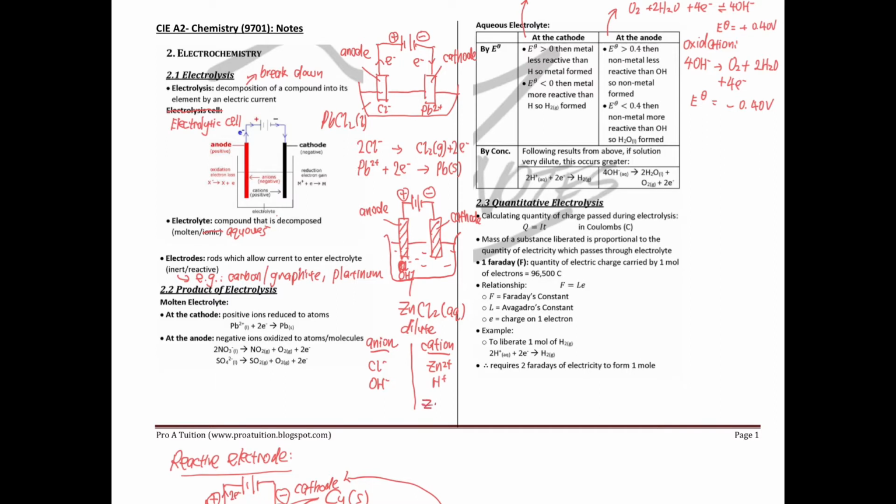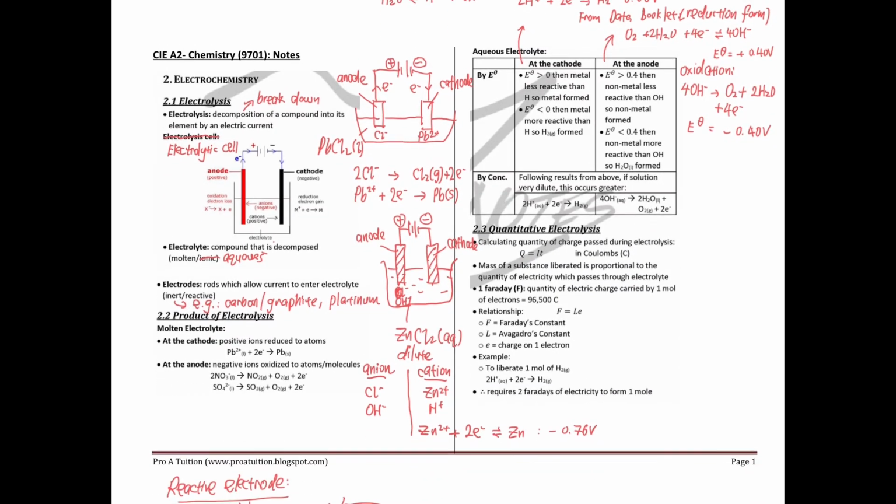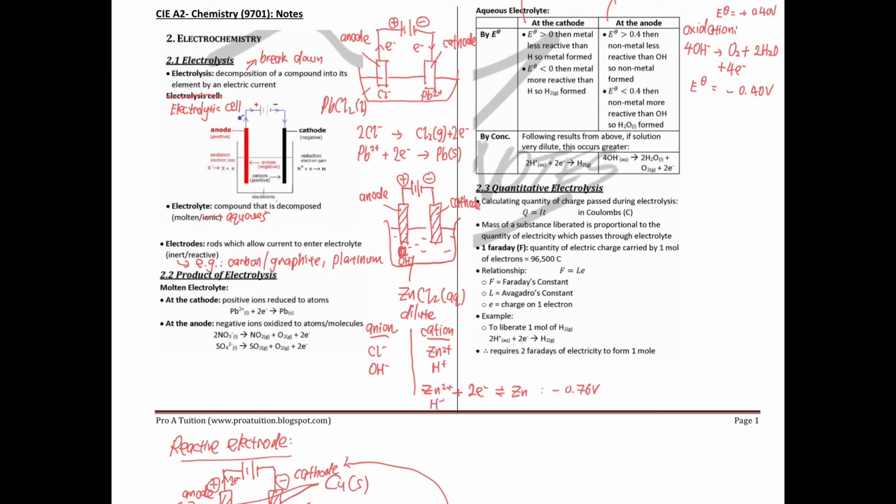For zinc 2 plus plus 2 electrons become zinc, the E theta is negative 0.76 volt. The H plus I already wrote down, it's up here. This is the equation: H plus, 2 electrons become H2, 0.00 volt. Now which one are we going to choose?